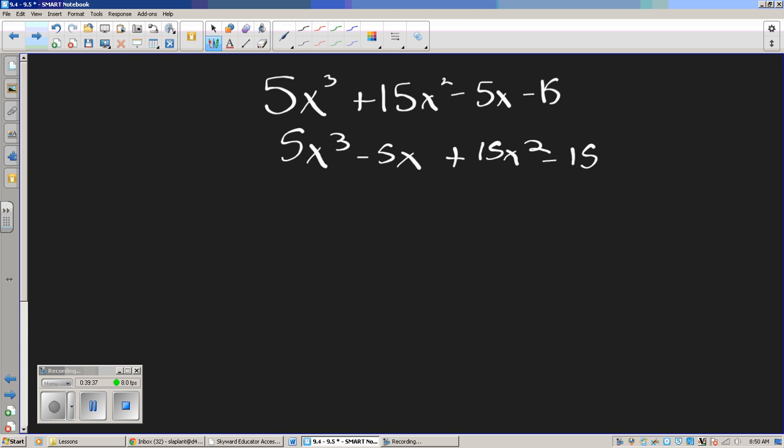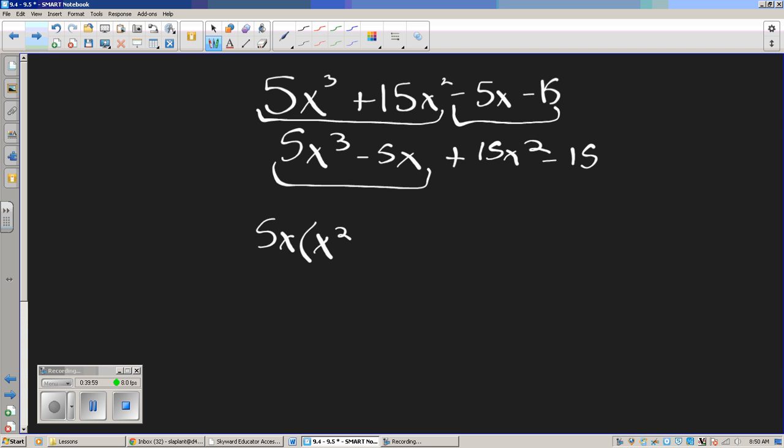So you're saying switch them like that? Yeah. You wouldn't have to, though. No, I wouldn't have to. But you could have looked for what was common in this and what's common in that. That would have been fine too. So you're factoring by grouping, okay? You get the greatest common factor out of the first two numbers and then the last two numbers. In this case I got 5x, so I'm left with x squared minus 1.